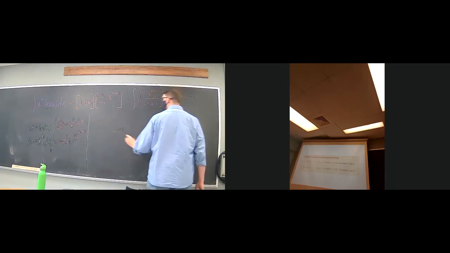So what we have then is x to the n plus 1 times the ln of x divided by n plus 1, minus 1 over n plus 1 times the integral of x to the n dx.